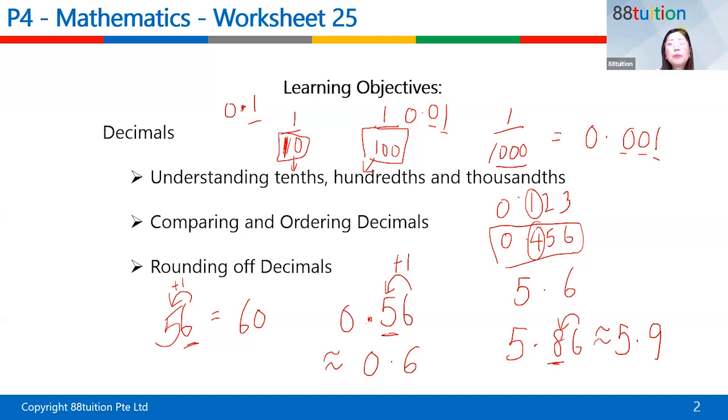Any other questions before we move on? Why is there 5.86 and 5.6? Because they are different. Your question sounds like, why is there $56 and $586? Or why is it sometimes $5.86 and sometimes $5.60?